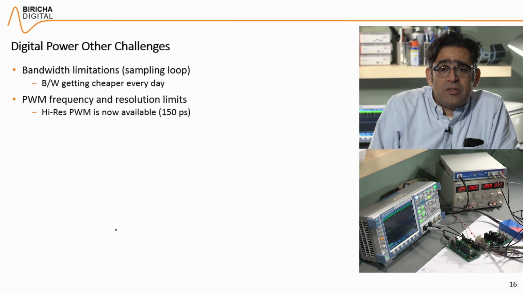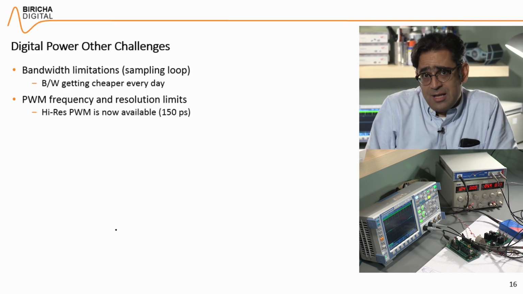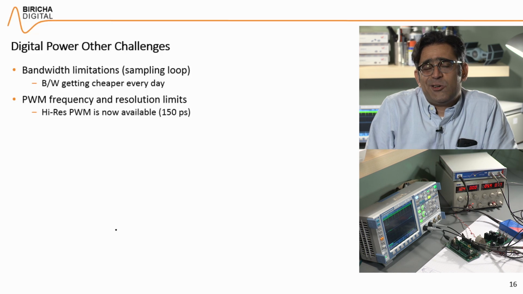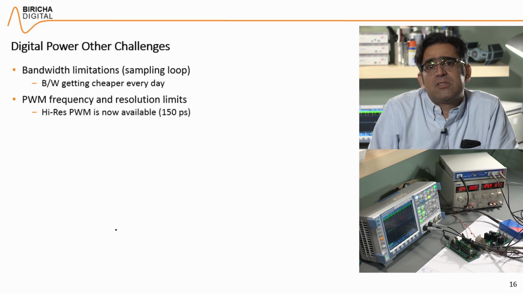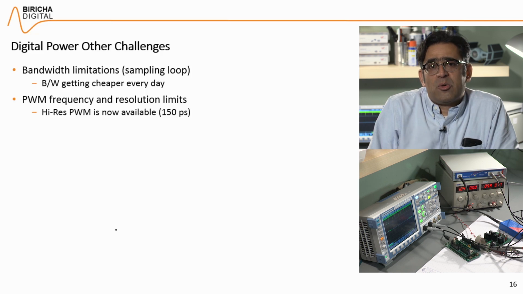Then you have got PWM frequency and resolution limits. Now, if you imagine an analog power supply, the PWM is being generated with a comparator. So you've effectively got near perfect infinite resolution. In digital, it's being generated by the microprocessor.